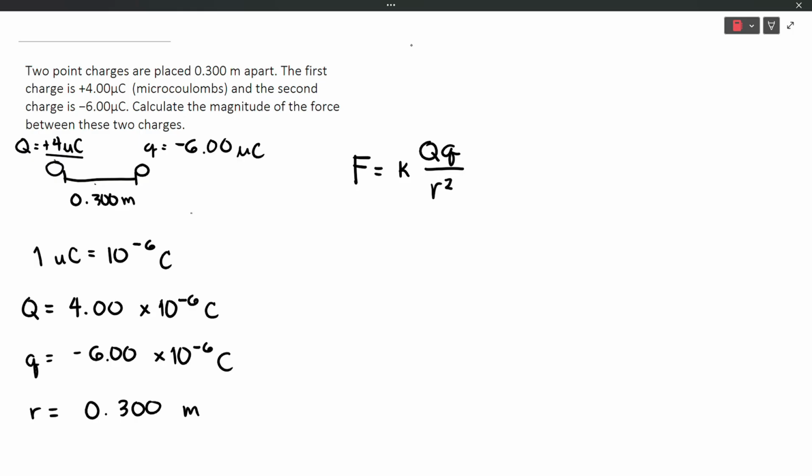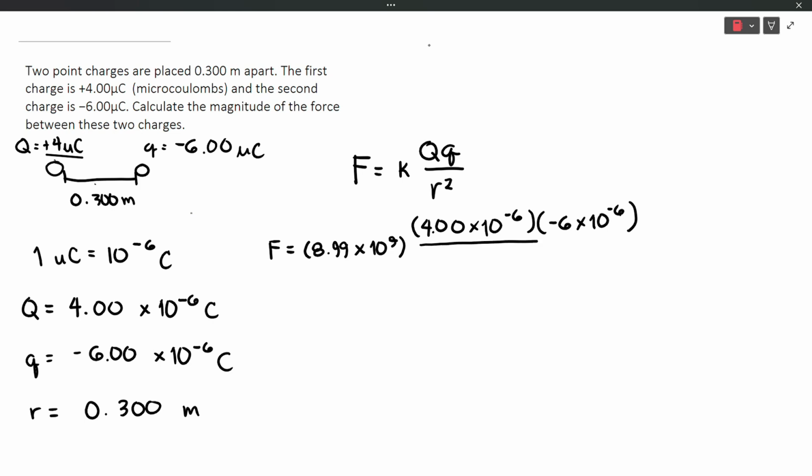F is equal to k, which is 8.99 times 10 raised to 9, times Q, which is positive 4.00 times 10 raised to negative 6, times negative 6 times 10 raised to negative 6, divided by 0.300 squared.